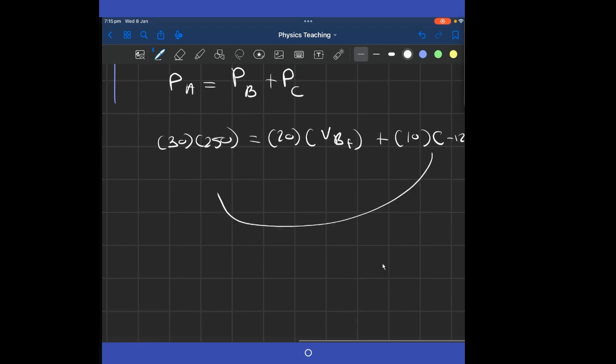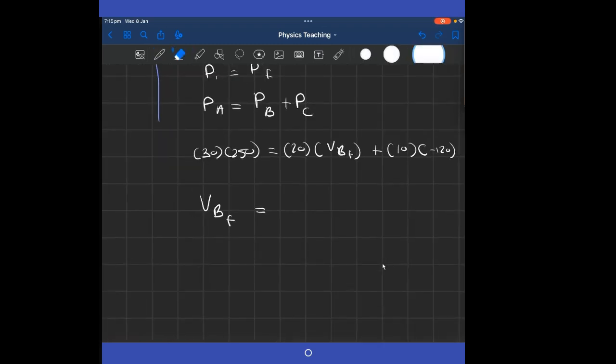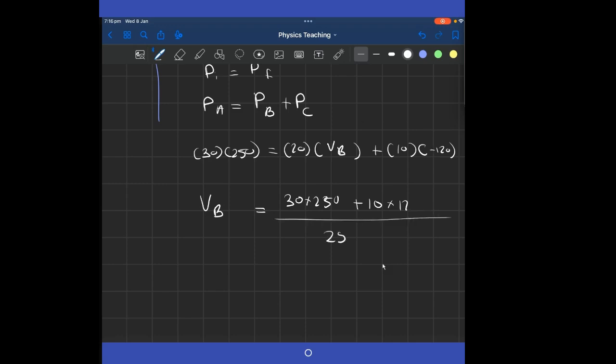So we bring this to this side and then divide by this. We end up with the expression, the velocity of part B finally is going to equal, we won't even need the finally because part B only exists after the collision. So the velocity of B is going to equal 30 times 250 plus 10 times 120. Since this comes to this side, the minus becomes a plus, something we need to consider. And we put the whole thing over what's in front of this, so 20.